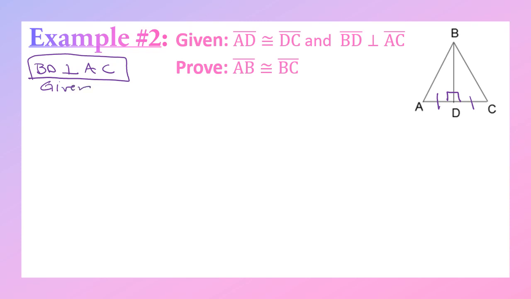Now, think about this symbol right there. That symbol is perpendicular. So by definition, what do perpendicular lines do? Perpendicular lines form right angles. So that tells me that angle DBA and angle BDC are right angles.